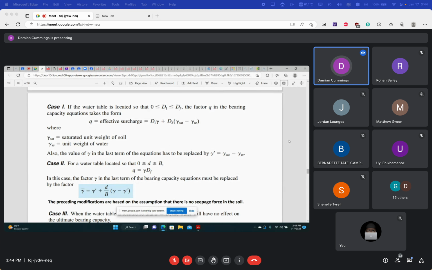The preceding modifications are based on the assumption that there is no seepage force in the soil. Good, guys?